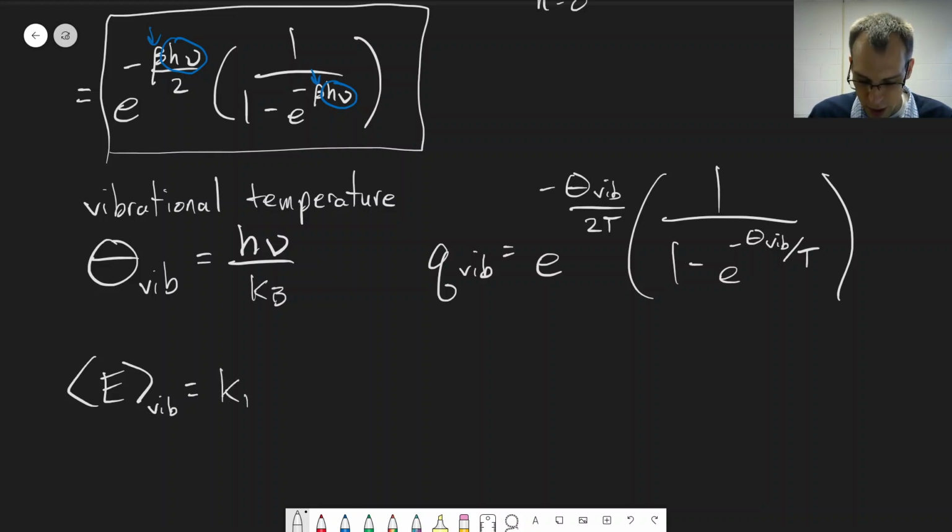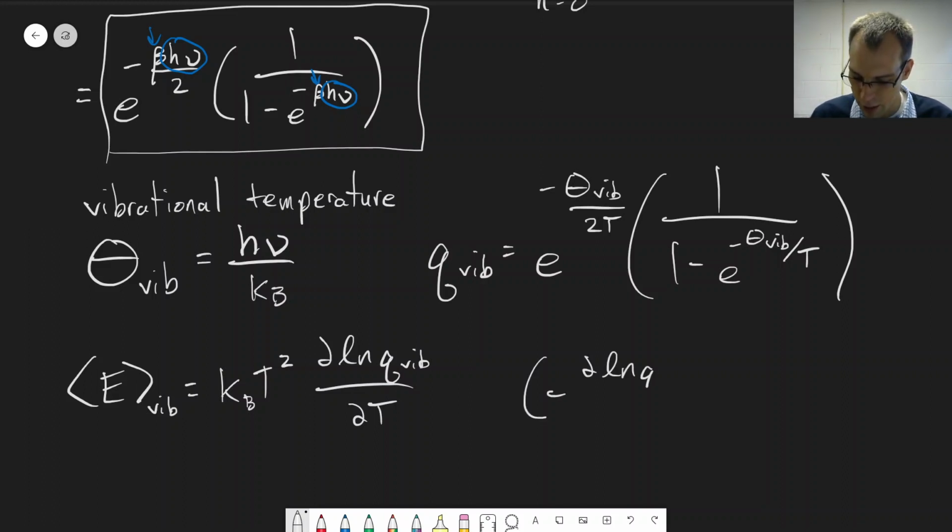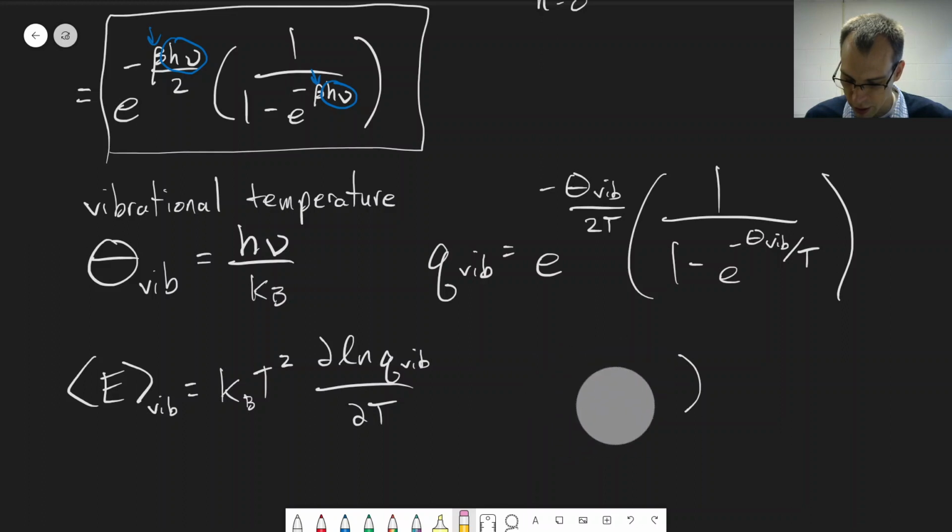If we write this in terms of the temperature version of this equation, we get the average energy is equal to kBT squared times d log Q vib dT. This is the temperature version of what we've previously seen as negative d log Q d beta. So this is just converting from beta to T, and we get this kBT squared on the front. Just as a reminder, I'm pretty sure I showed that in the previous videos.